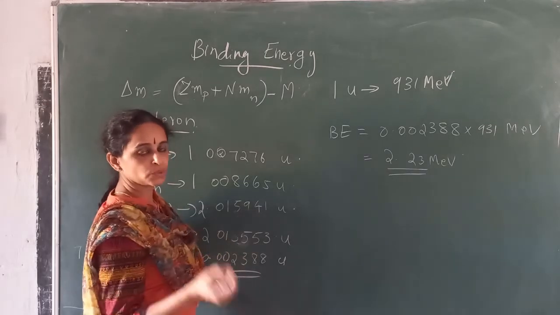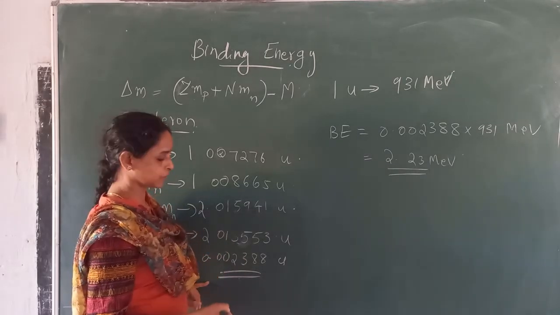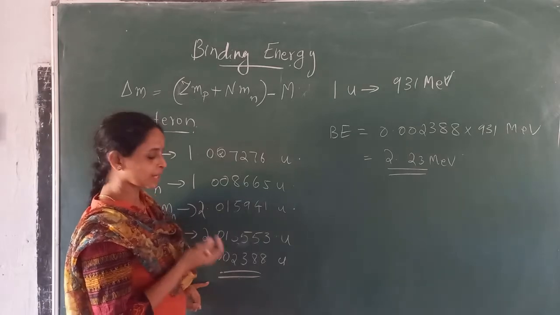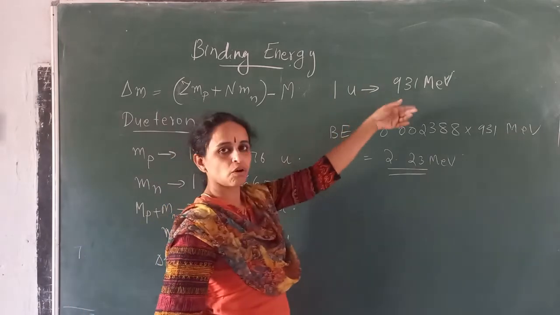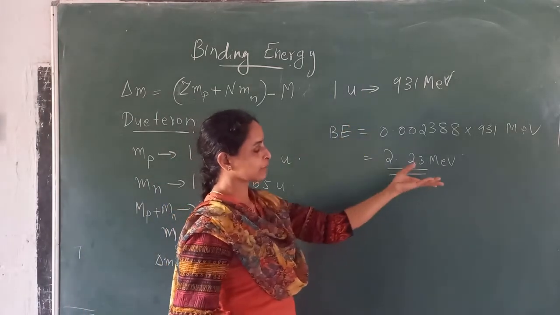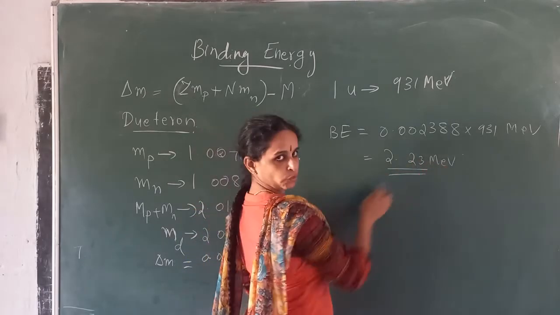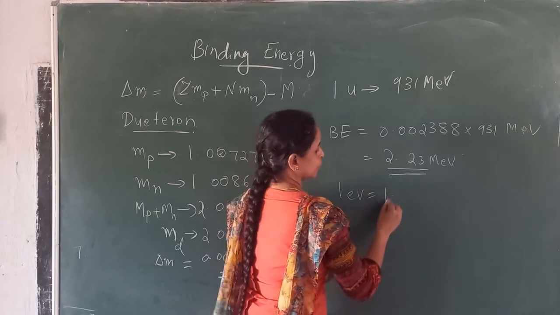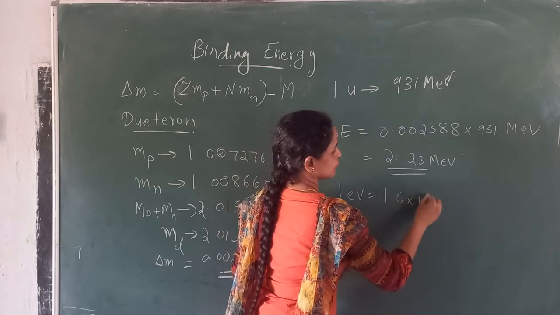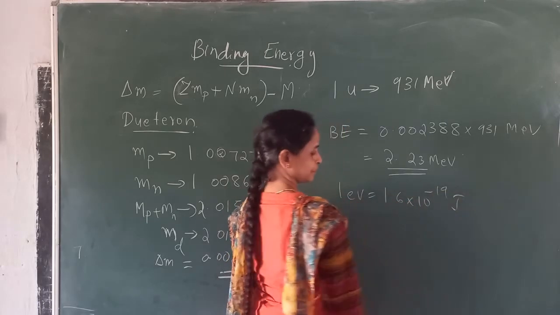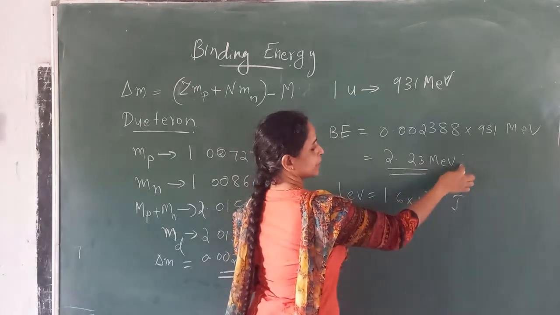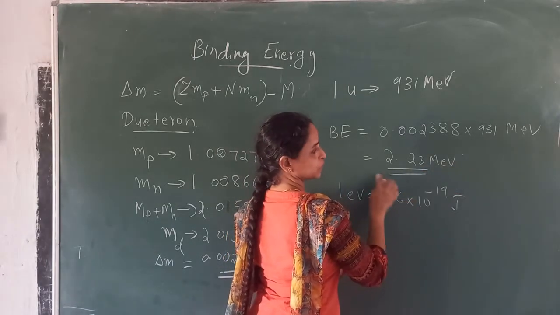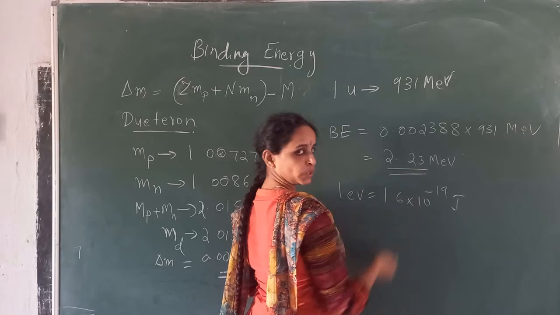You will get the same thing when you convert this mass into kilogram and use c square, the velocity of light. The same value you will get. Otherwise, you can convert this mega electron volt: 1 electron volt corresponds to 1.6 into 10 raised to minus 19 joule. If you multiply this with this value, you will get the binding energy in joule.